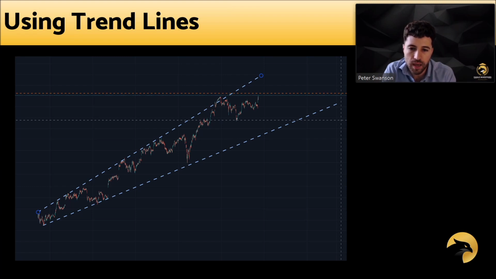So after holding this for a number of years, you could look at averaging out as it gets close to the trend line again. And in terms of recognizing when the market is not so favorable anymore, you could look at when the break of that lower trend line happens to exit.